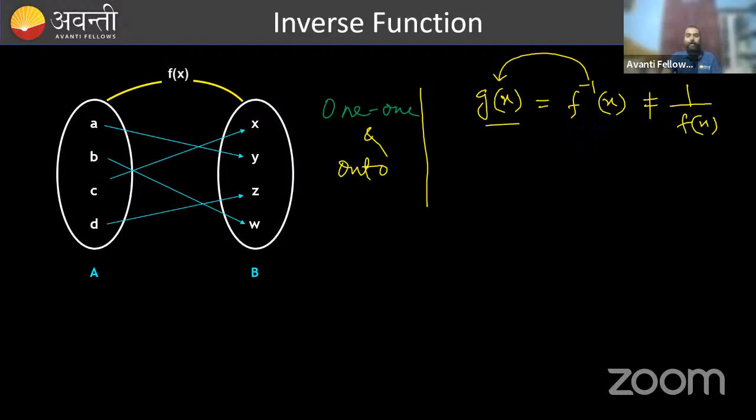Clear everyone? Now, this function is 1 1 and also onto. What is inverse? Inverse means here f is mapping from A to B, and inverse is actually mapping reversely.